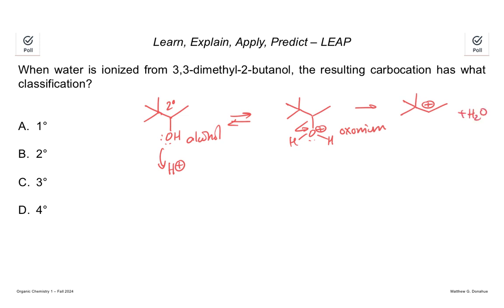And at this point, we have a secondary carbocation. So we're saying alpha, alpha, this is still alpha. We have beta, and then beta prime.